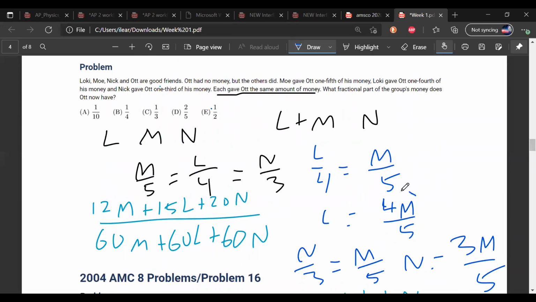Then if we just substitute these two values, what will we get? Well, let's find out. L is equal to 4M over 5. So 15 times 4M over 5 is equal to, can anyone tell me? Yeah, 12M.